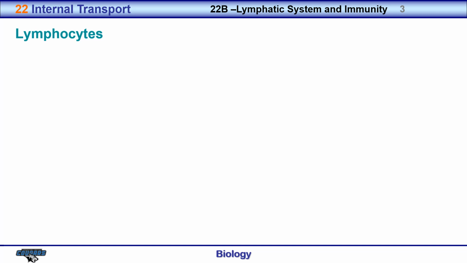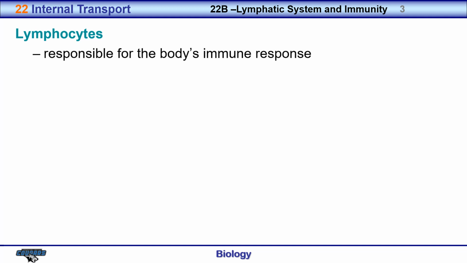Now the question is, where does immunity begin? Well, the cells responsible for the body's immune responses are collectively called lymphocytes, and remember, it's a kind of white blood cell that we talked about before. The lymphocytes originate in the red bone marrow.